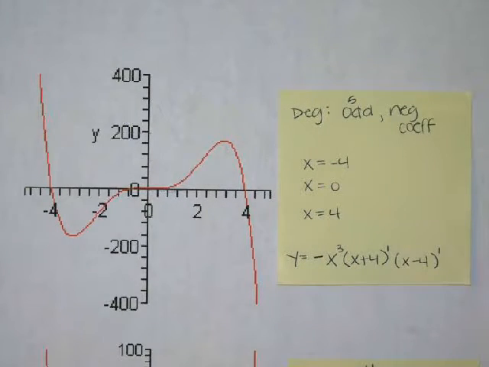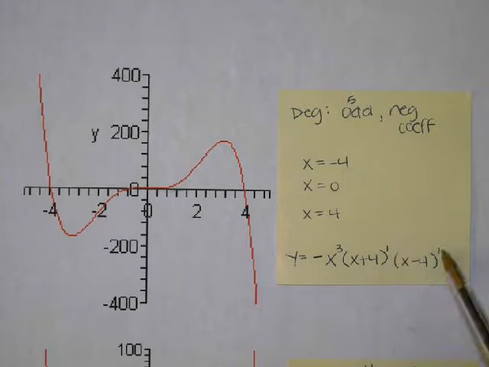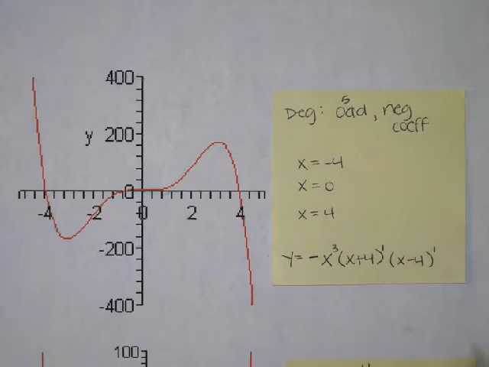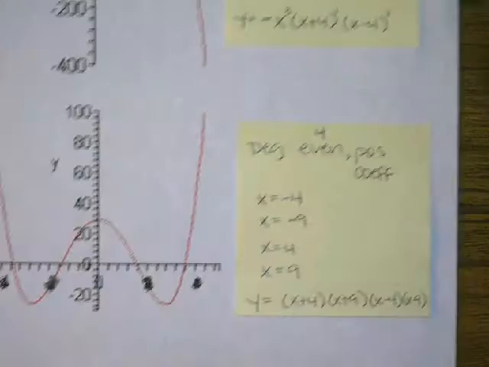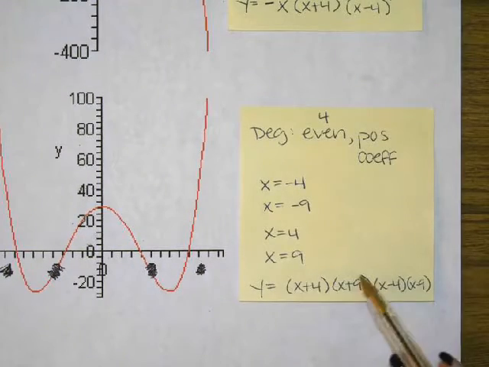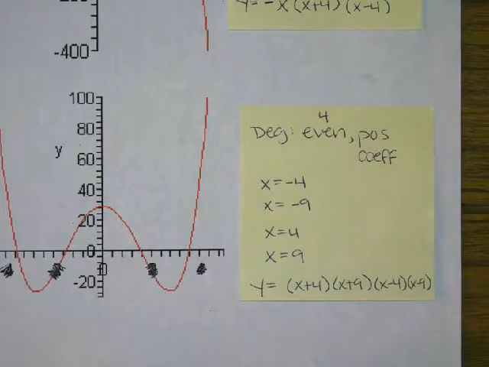Where are we getting the degree from? Right there. 3 plus 3 plus 1 plus 1 makes 5. Down here, all of those would have been a 1. So it's 1, 2, 3, 4.